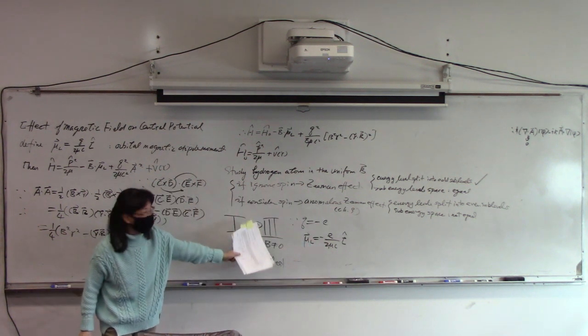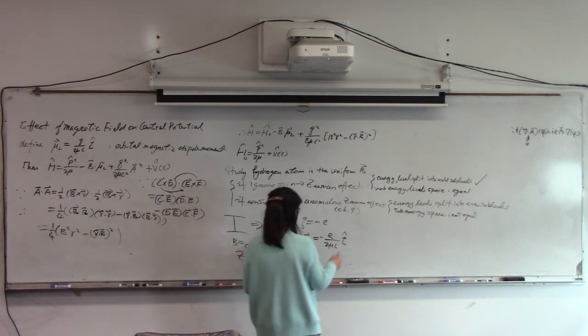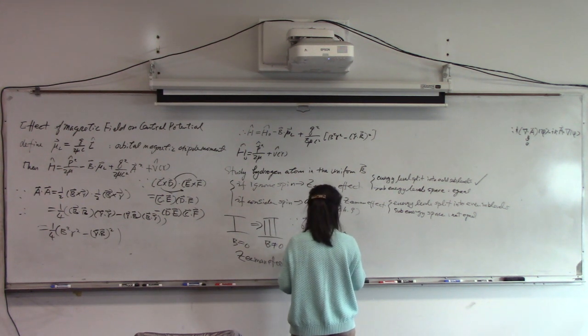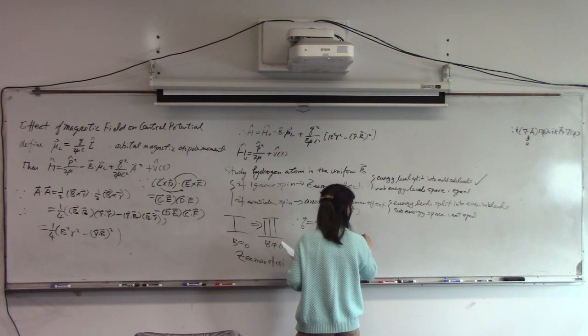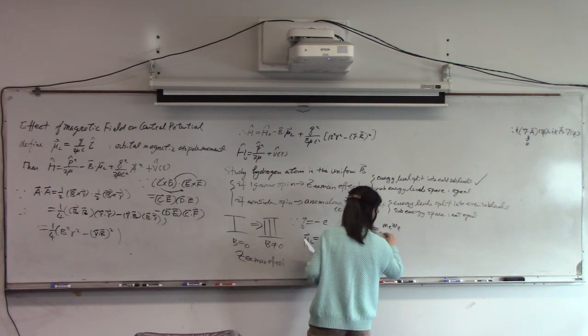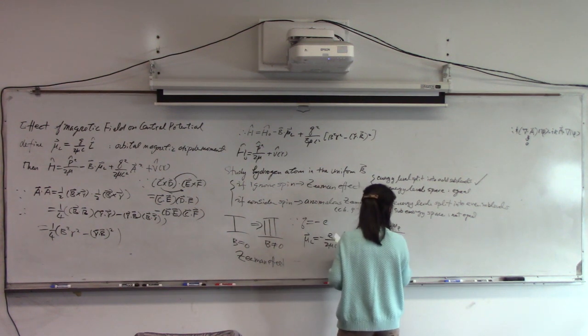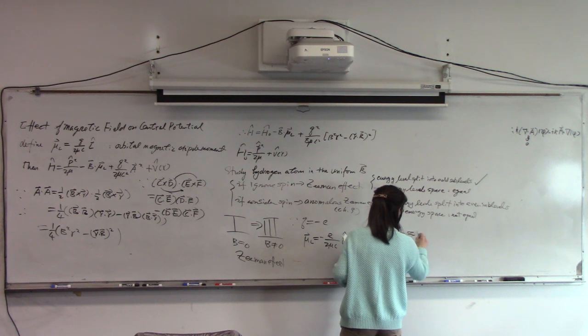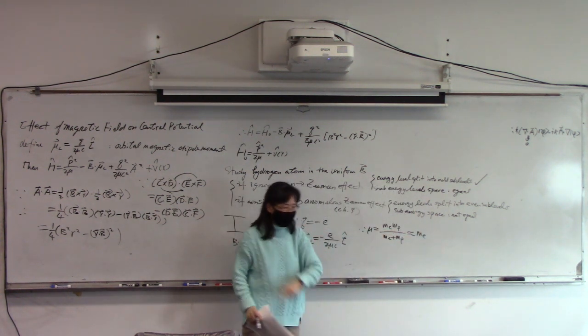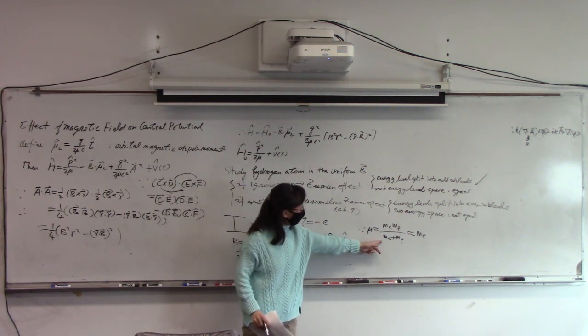For this case, now we can introduce another constant. Because mu is the reduced mass, the product of the electron and proton masses divided by the total mass, it is approximately equal to the electron mass, because the mass of the proton is much, much larger than the mass of the electron.